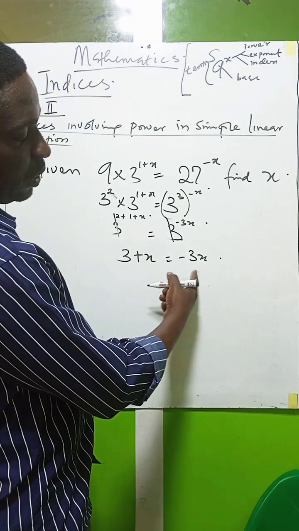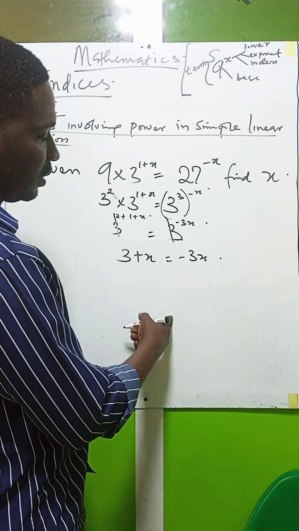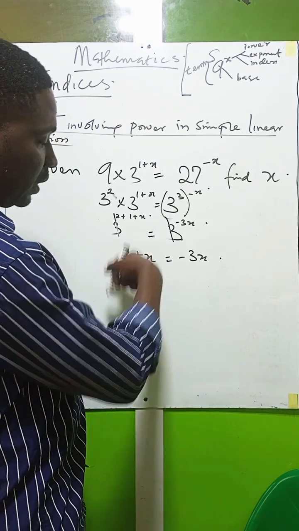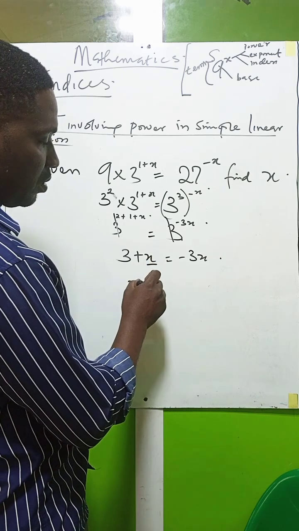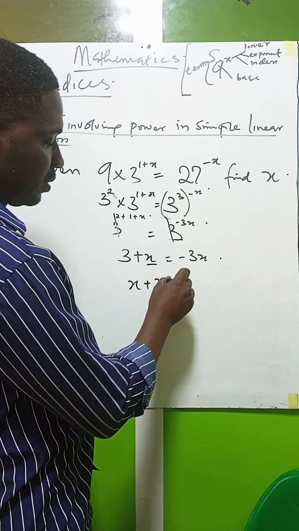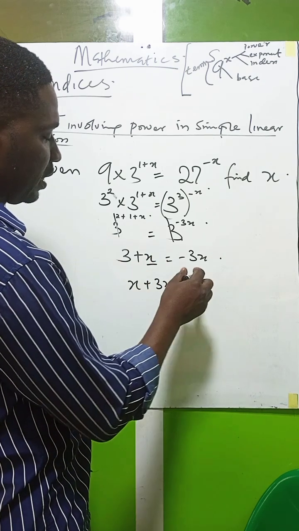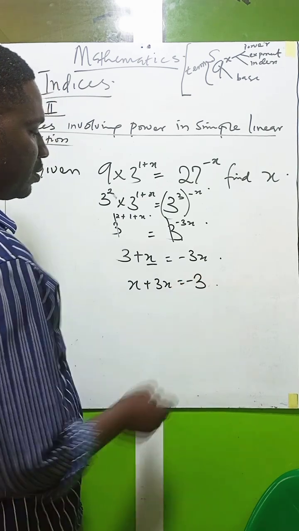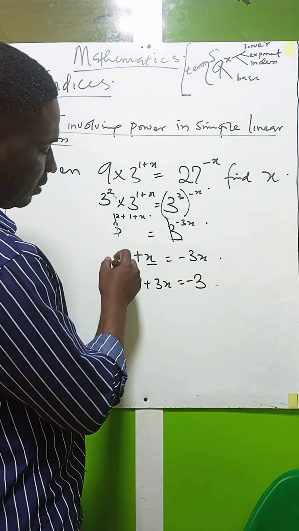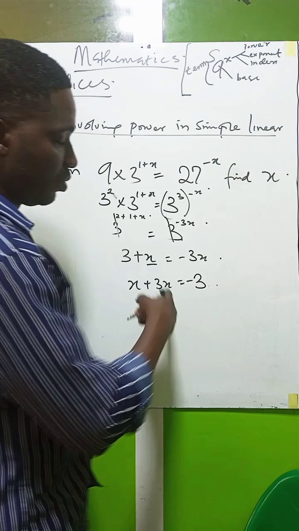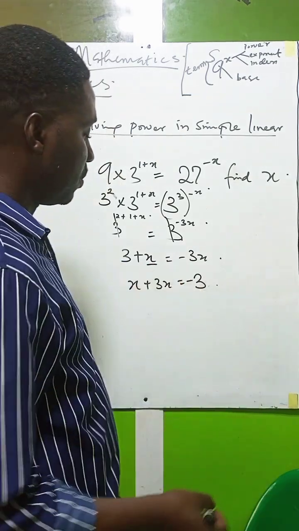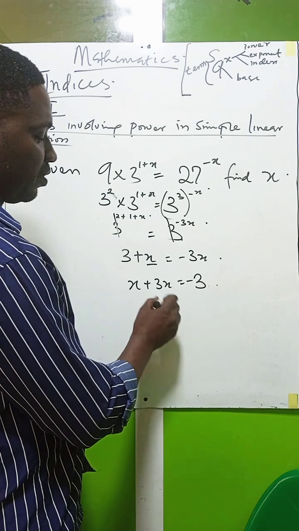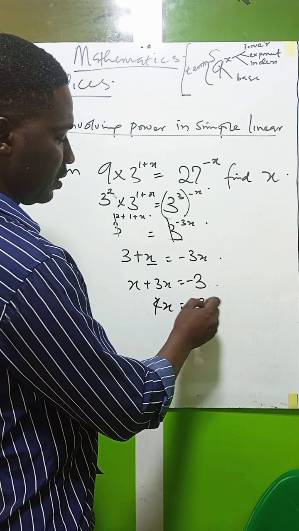So, eradicating this negative sign is bringing this to this side, which is x plus 3x equals this 3 to the other side equals minus 3, because it is plus here. On getting to the other side of the equal sign, it becomes minus. So this plus this will give us 4x equals minus 3.